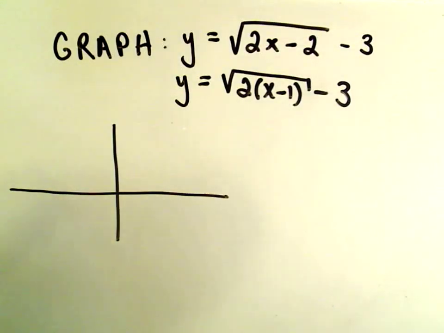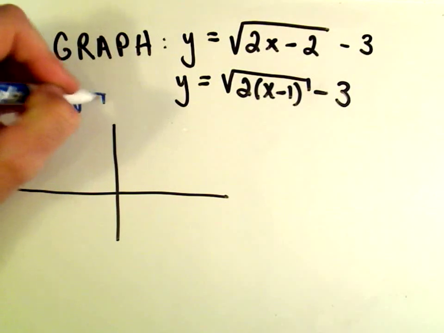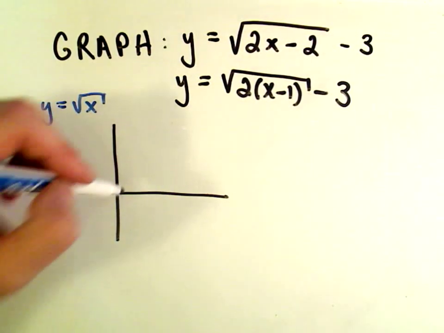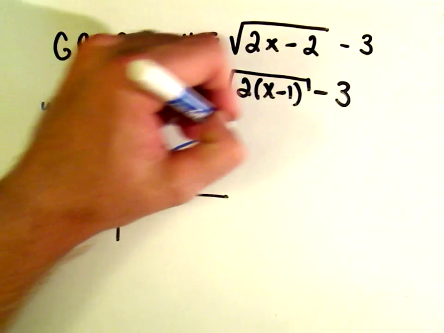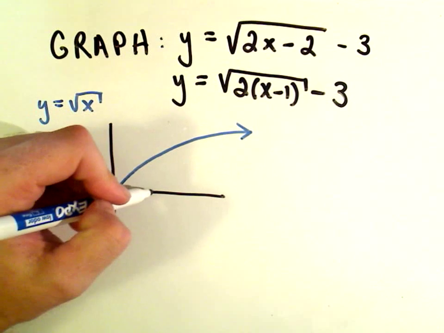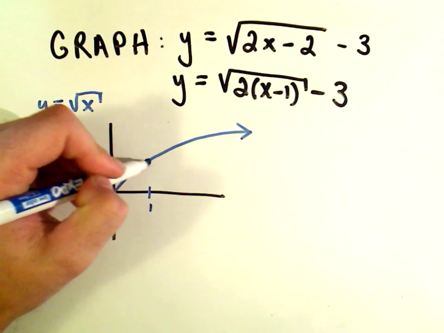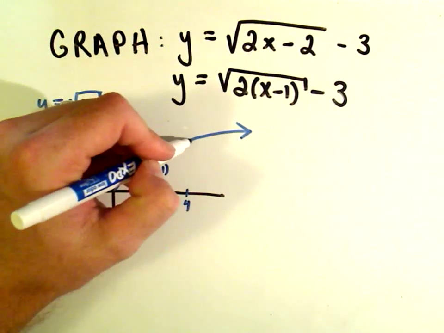So the first thing again I'm going to do is start off with my basic graph. The basic thing I see here would be square root of x. And if you'll remember, square root of x looks roughly like that. Maybe we can plot a couple points again. If you plug 1 in, you get 1 out. If you plug 4 in, you get 2 out.